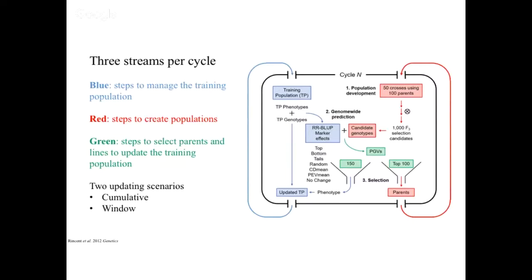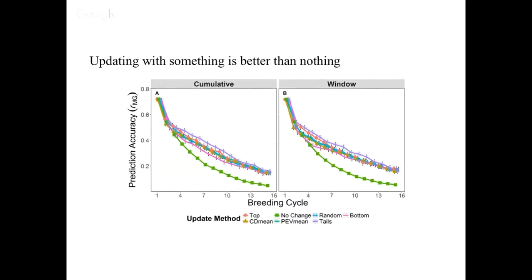And so the first thing we looked at was prediction accuracy. And the big headline here is that we've confirmed not updating the training population is pretty detrimental. On the x-axis here, I have breeding cycle, and on the y-axis is prediction accuracy, which is measured as the correlation between the predicted genotypic values and the true genotypic values of individuals.